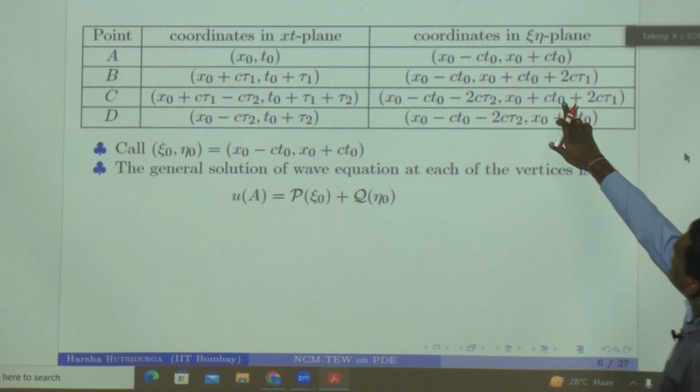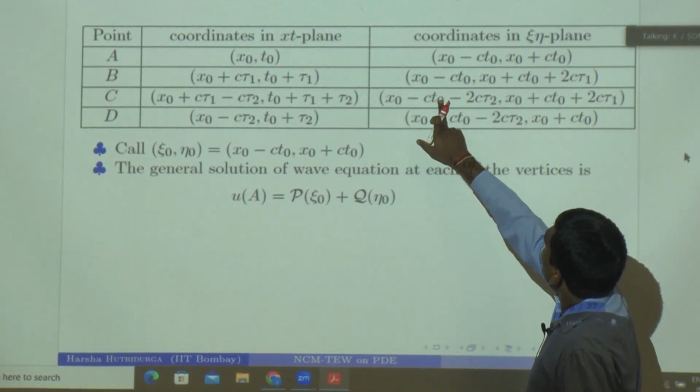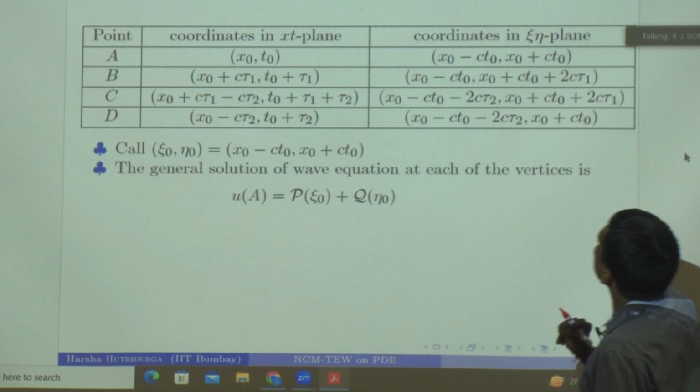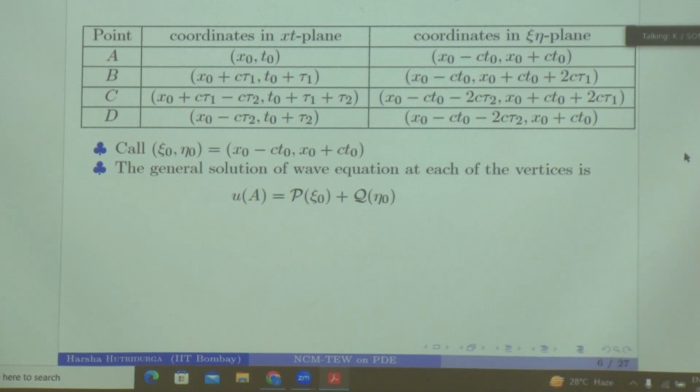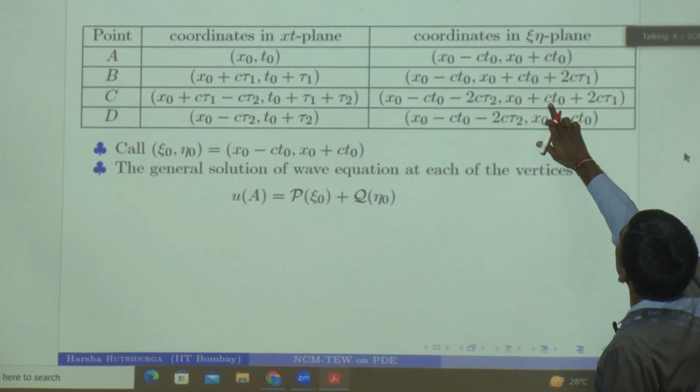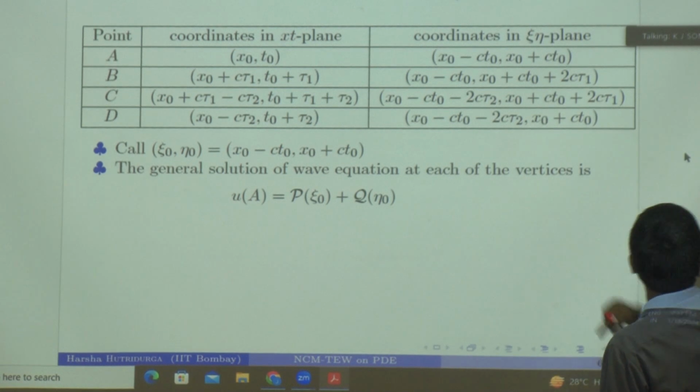Now you come to C here, this is psi naught minus 2c tau 2. So C here, because it's to the left of that, is psi naught minus 2c tau 2 comma, and what is this one? This is eta naught plus 2c tau 1.